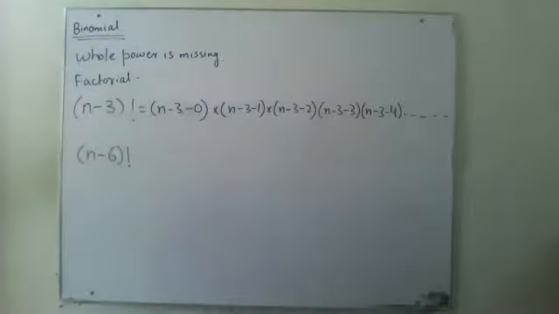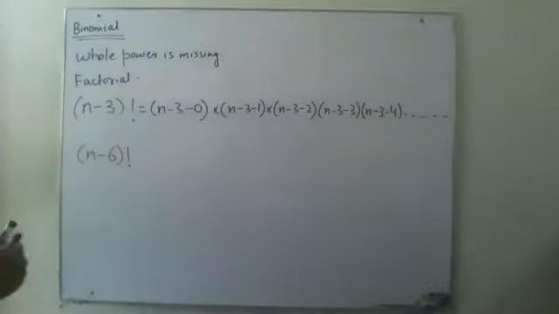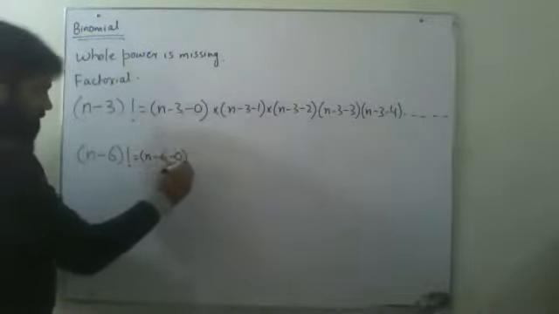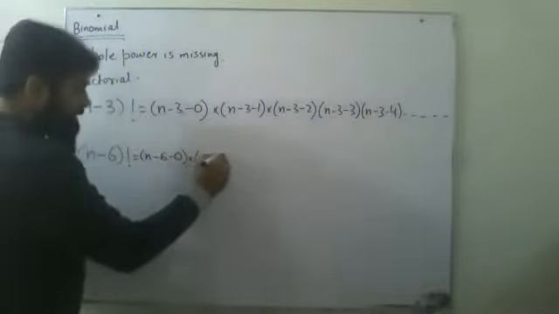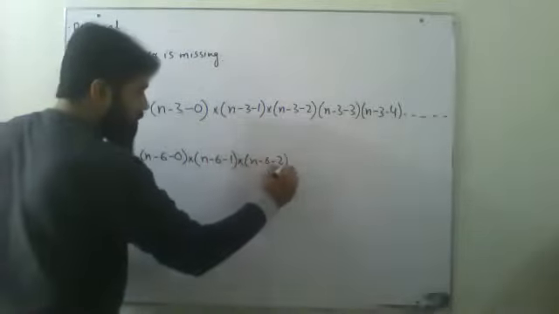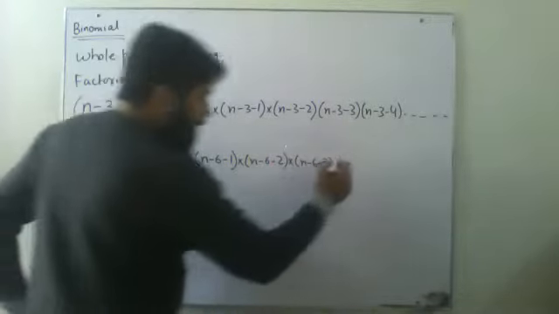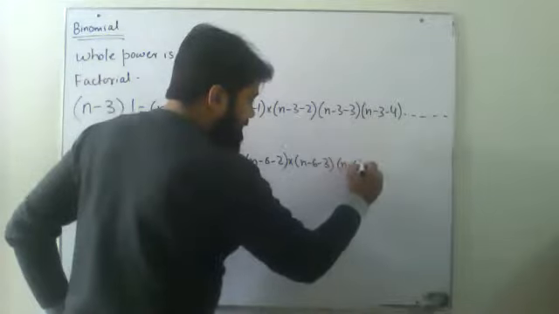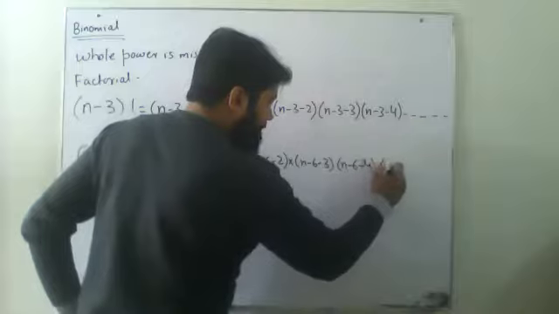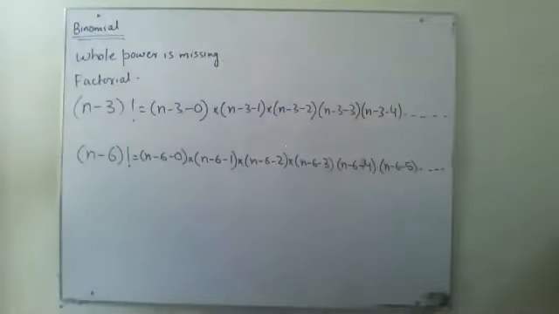I'm not going for the last one. Okay. Now, let's talk about this one. n minus 6 minus 0, n minus 6 minus 1, n minus 6 minus 2, n minus 6 minus 3, n minus 6 minus 4, n minus 6 minus 5, until infinity it will go.